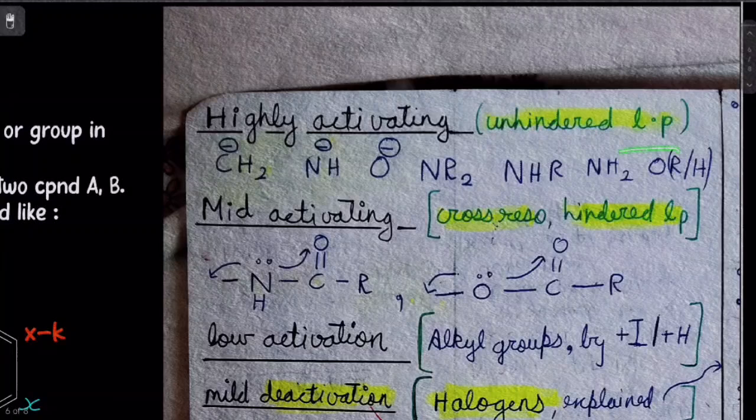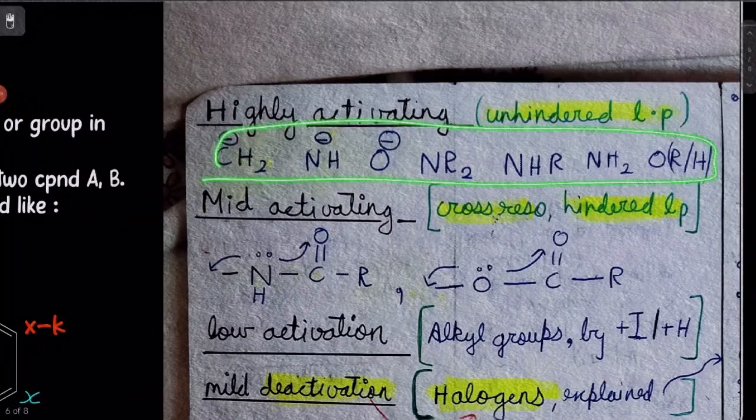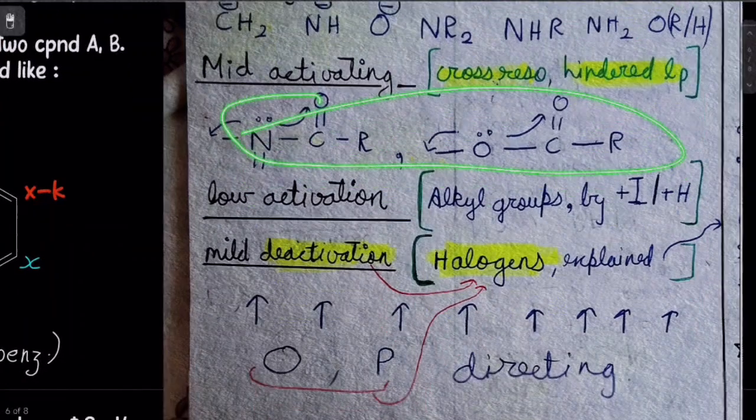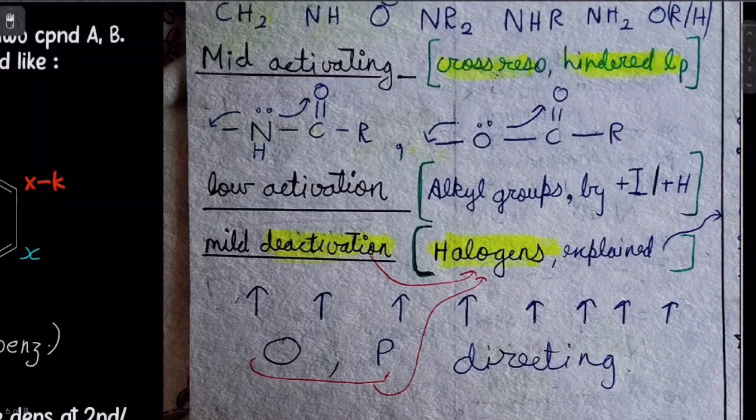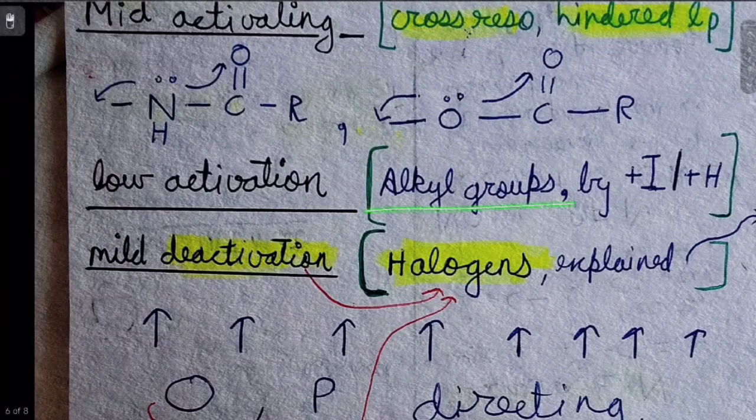And the groups in which the lone pair is not busy, we call them highly activating, like these groups. These are mildly activating. Some groups are lowly activating, that their activation is not significant, but they're still activating. And those are alkyl groups. And they activate by plus I or plus H, not plus R. Alkyl groups do not have lone pairs.